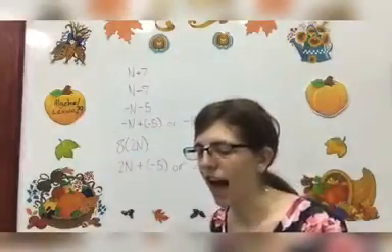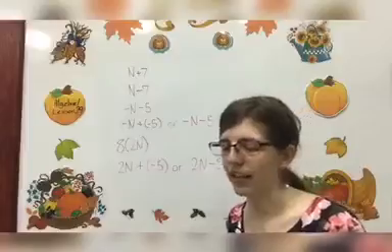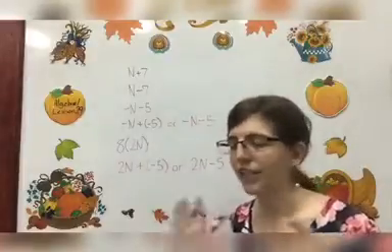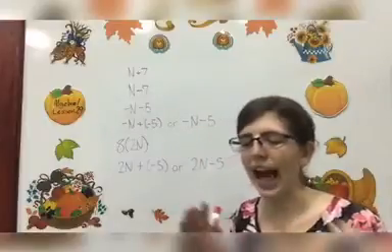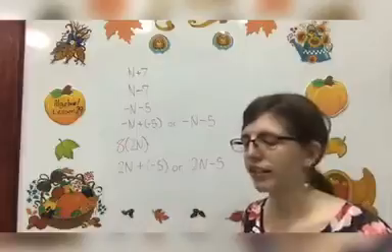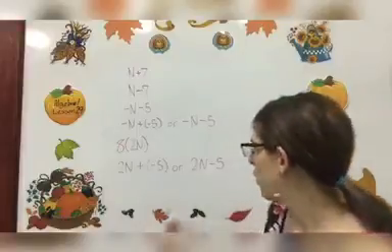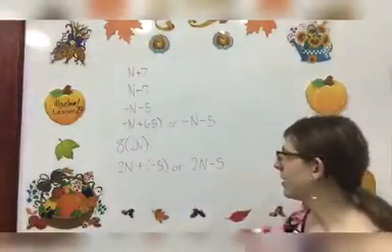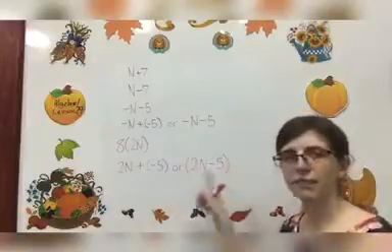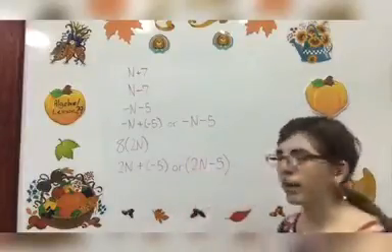Then I have 5 times the sum of twice a number and negative 5. Okay, so here I have the same expression as before, but I added a little something. Well, I already know that this is twice a number and negative 5. Well, I have 5 times this expression. It's not 5 times twice a number.